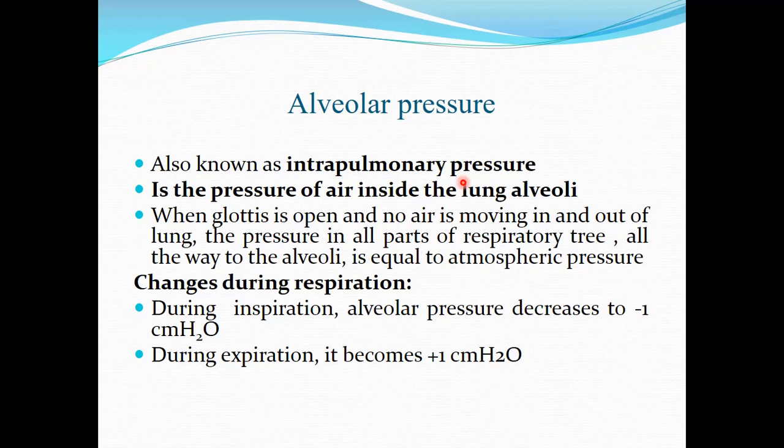The pleural pressure is the pressure within the thoracic cavity, while alveolar pressure is the pressure within the lungs, that is inside the lung alveoli. So I am repeating again that alveolar pressure is the pressure of air inside the lung alveoli. It is also known as intrapulmonary pressure.